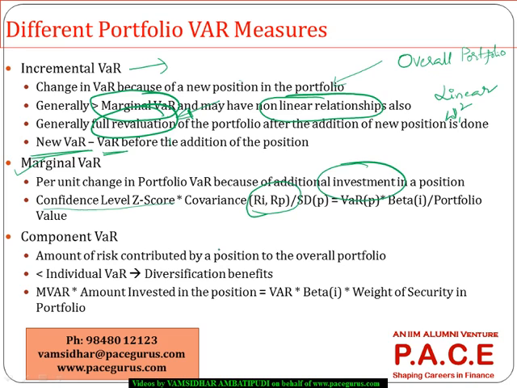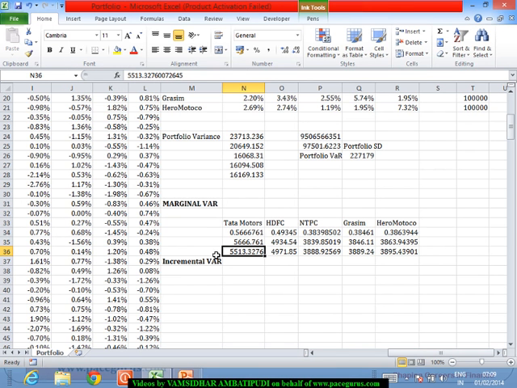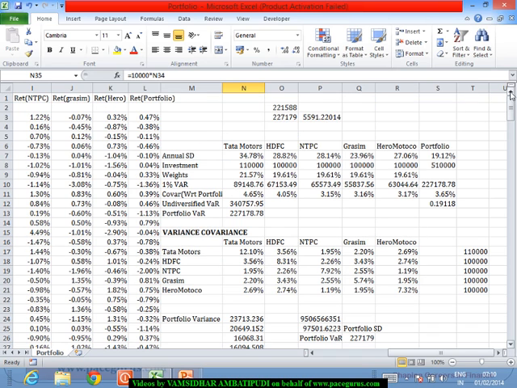The other thing we are trying out is the component VAR. So it is nothing but the VAR of the individual component in the overall scenario. We know that these are the marginal VARs. Originally, okay, let me go back. Let me make it 100,000.